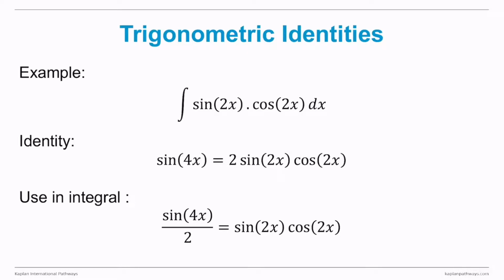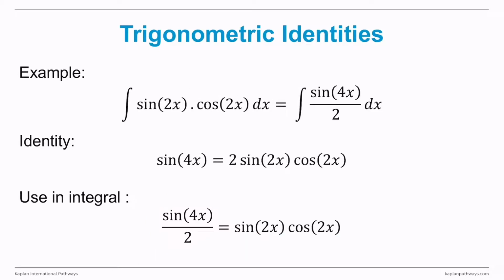So in the integral, we will use this term, the pink one, instead of the light blue one. We replace this form by sine 4x divided by 2 dx, and now it will be easy.